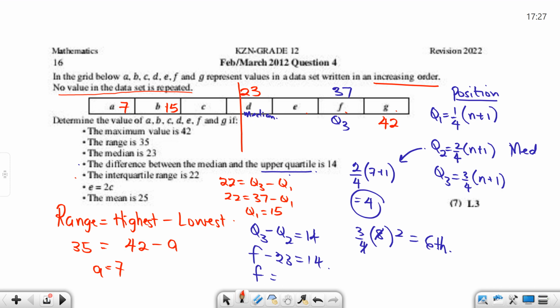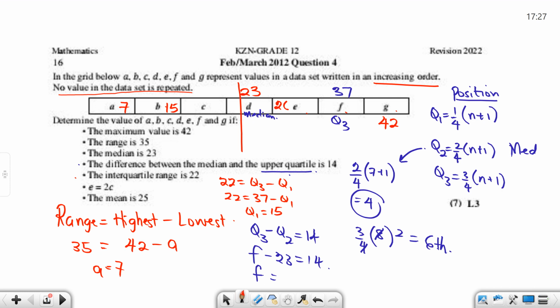Now they said E is equal to 2C. Smart. They know we don't have C. All right. The last would help us. The mean is 25. If we add everything together and divide by 7, it should be equal to 25.